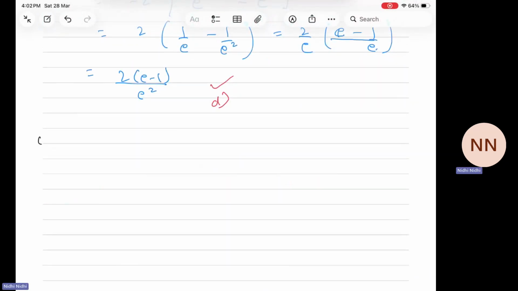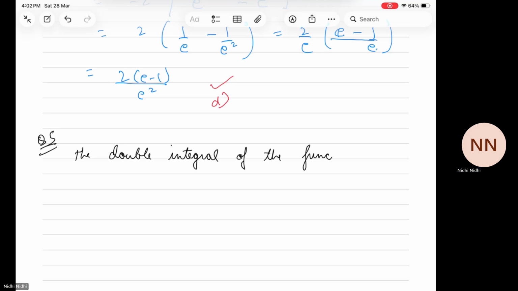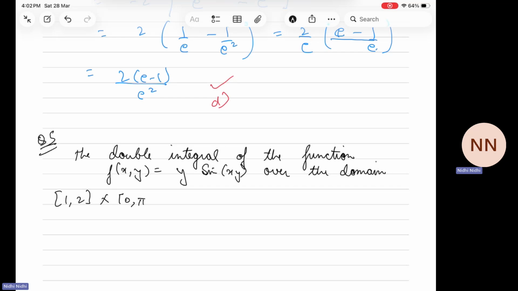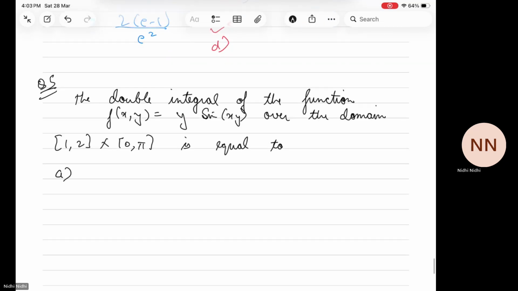So next we have question number 5. The double integral of the function f(x,y) equals y sine(xy) over the domain [1,2] cross [0,pi] is equal to 1, 2, 0 or pi.